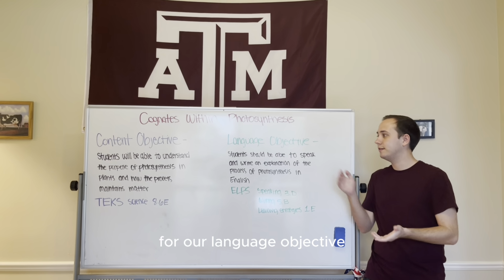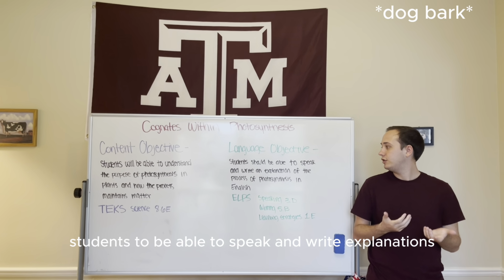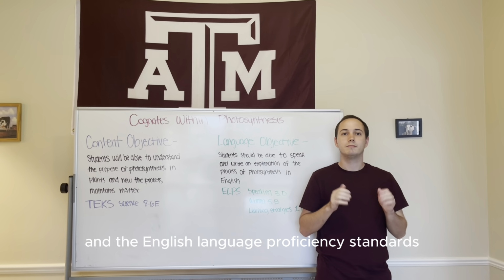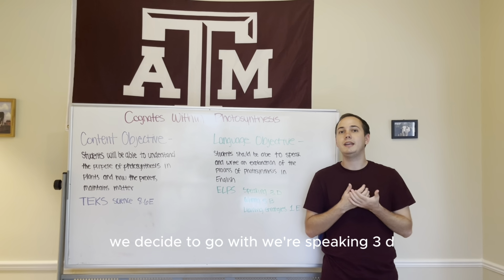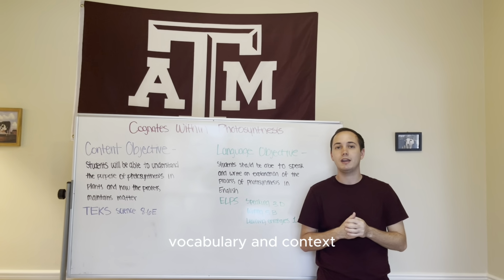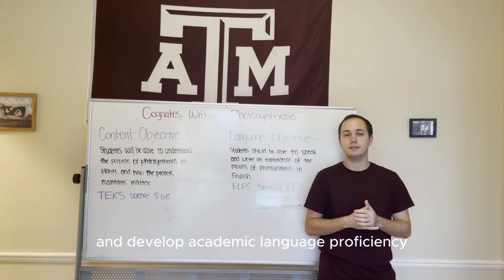For our language objective, we chose students should be able to speak and write explanations of the process of photosynthesis in English. And the English language proficiency standards we decided to go with were speaking 3.D, speak using grade level content area vocabulary and context to internalize new English words and build academic language proficiency.